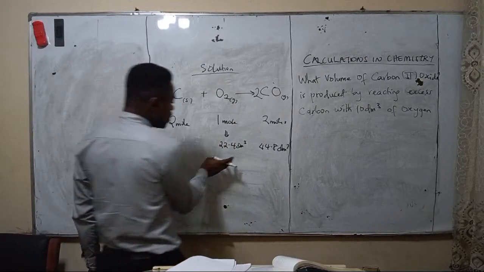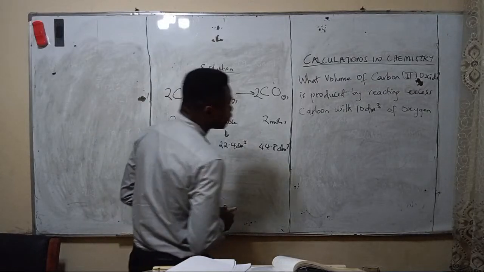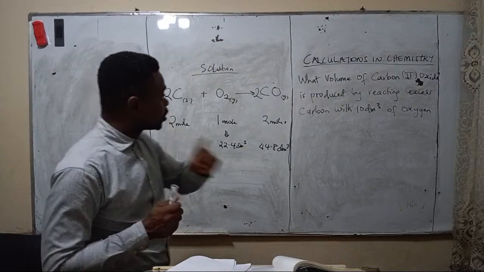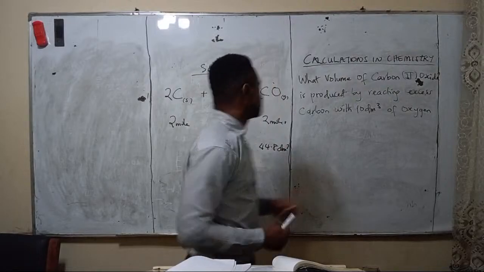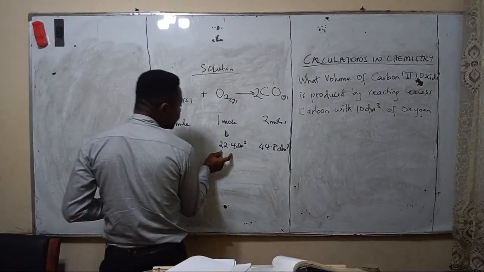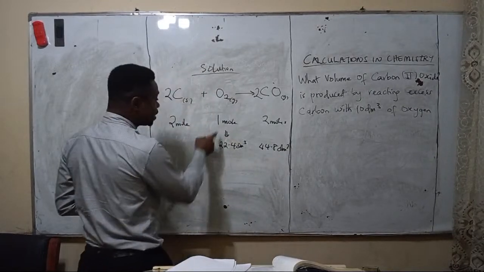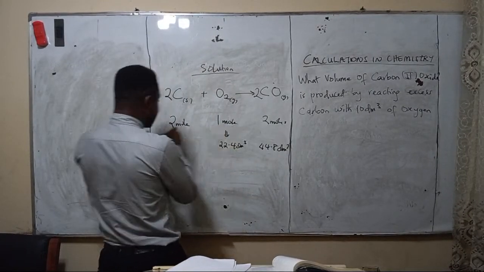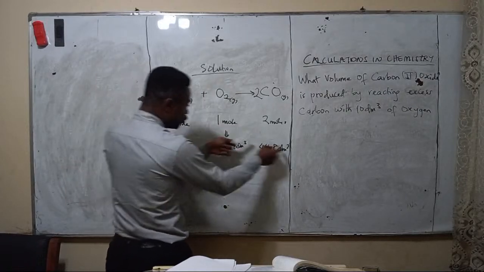So 22.4 dm cube yields 44.8 dm cube. The question says, what volume of carbon dioxide is produced. When 1 mole of this reacts with this, it will produce this.